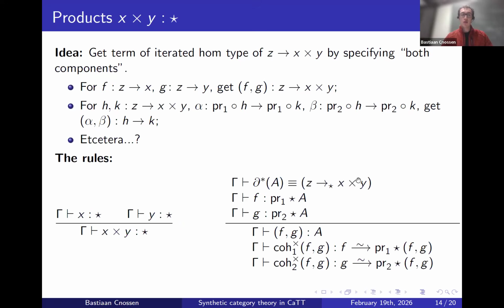And now I can formulate the rule for products. So first we have the formation rule.